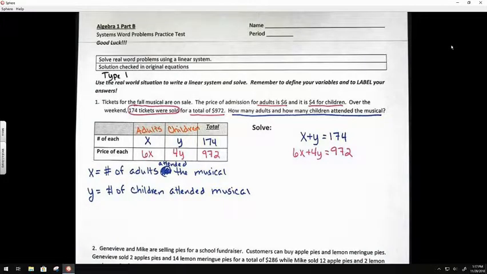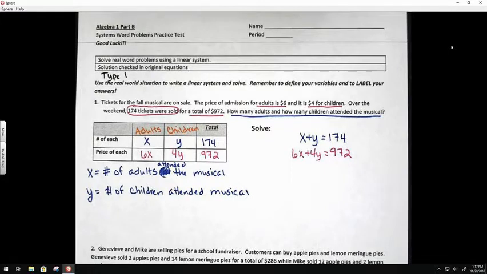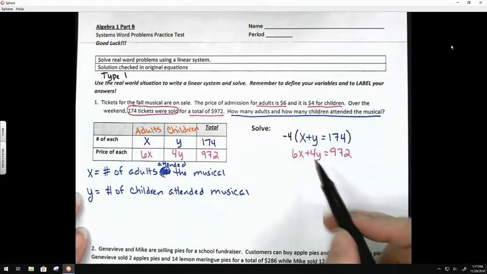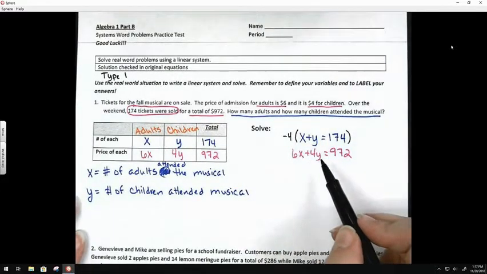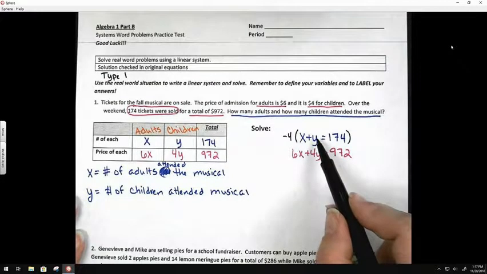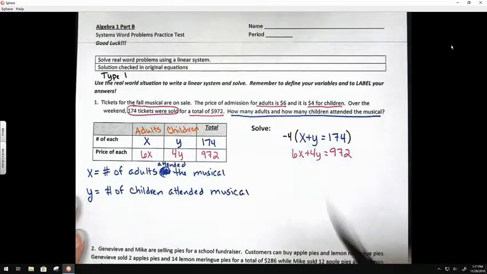Now we have to actually solve this system. We need to cancel either x or y. It doesn't matter which one. I'm going to multiply my first equation by -4, because the y in the second equation has a positive 4. If I make this one a -4, I would have additive inverses.